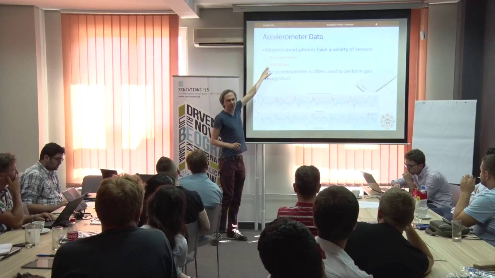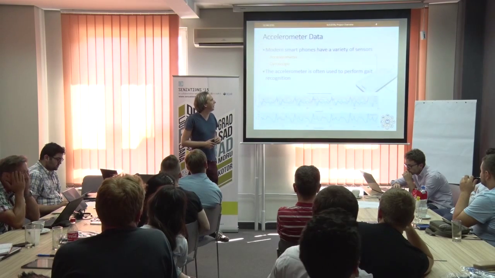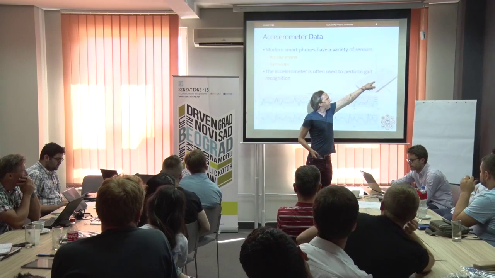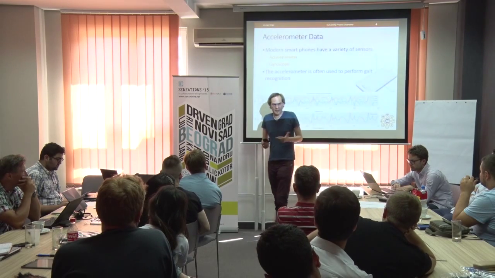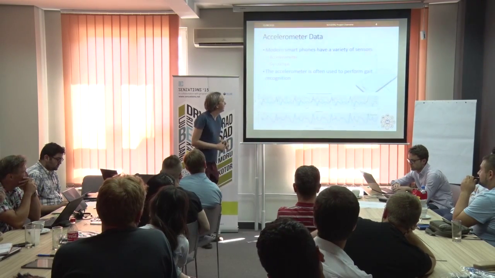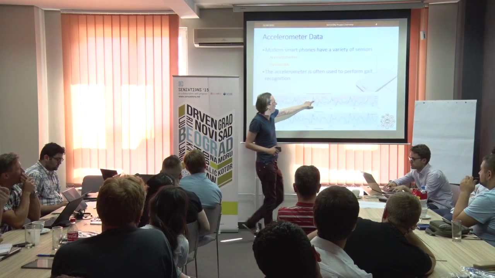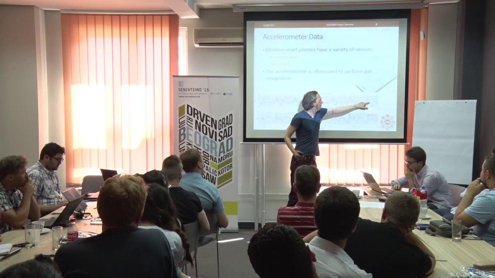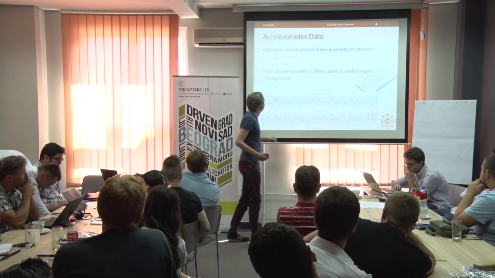The gyroscope has been used occasionally, but mostly the accelerometer. Okay, and obviously in modern smartphones the accelerometer has 3 axes, X, Y, Z. Okay, and here's an example of a trace. Blue is X, red is Y, and green is Z.